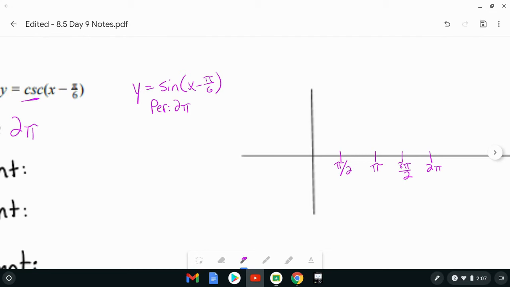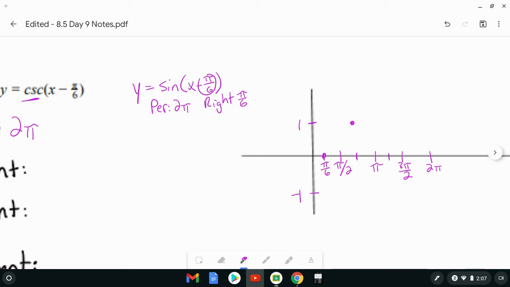We would normally start at the origin, go up to 1, go down to -1. But again, because we have this phase shift right pi over 6, we need to take those and shift them pi over 6 units as well. So we would start here. We would move up.